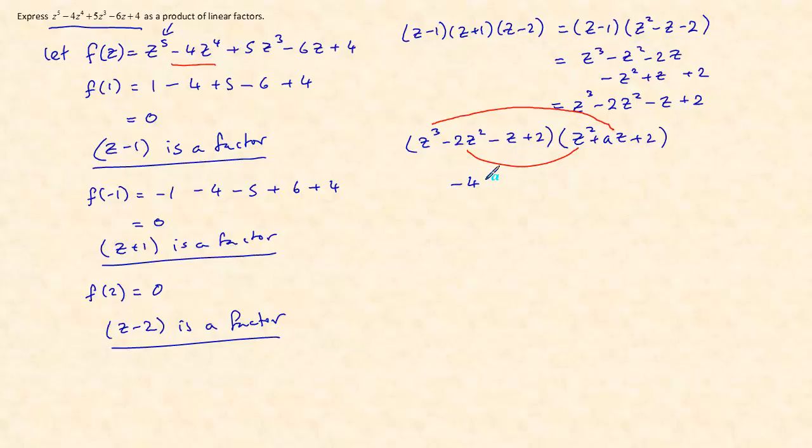So minus 4z to the 4 would be equal to az to the 4, take away 2z to the 4, so minus 2z to the 4 is equal to az to the 4, and that means that a equals negative 2.